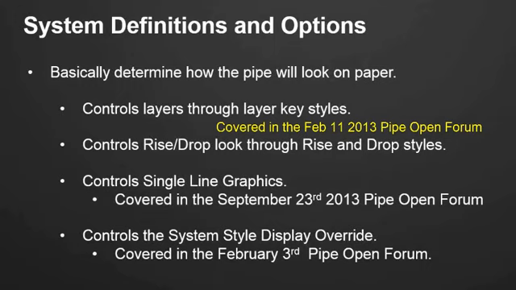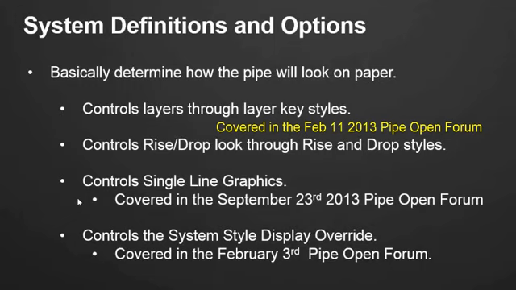Subtle difference there, but it does play a part. If you change your layer key style settings, it will not update any existing layers. The system definition also allows you to control your rise drop style. So how does your pipe look when it rises up? How does it look when it drops down?